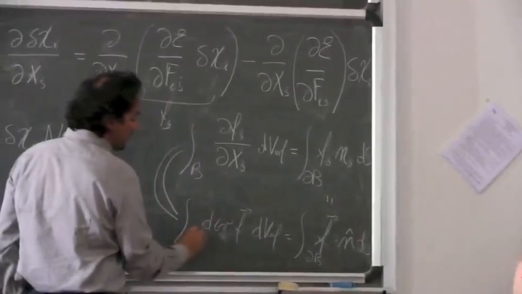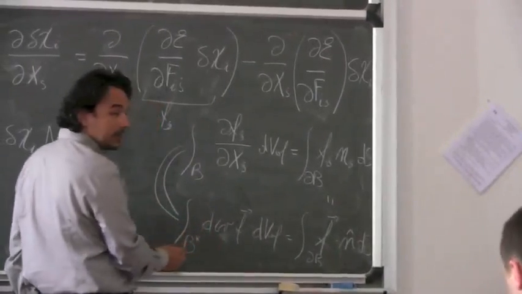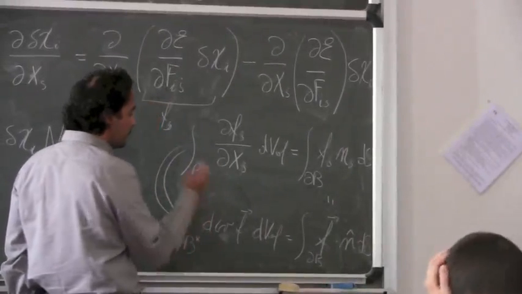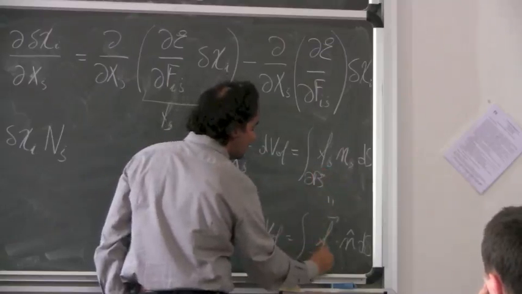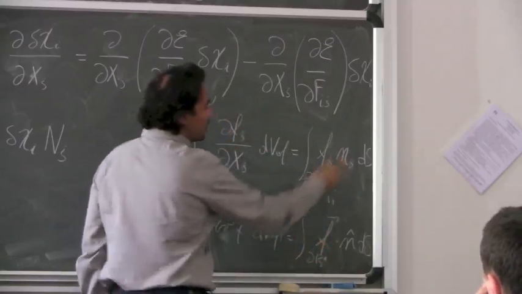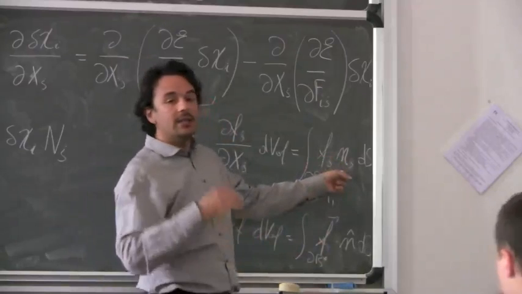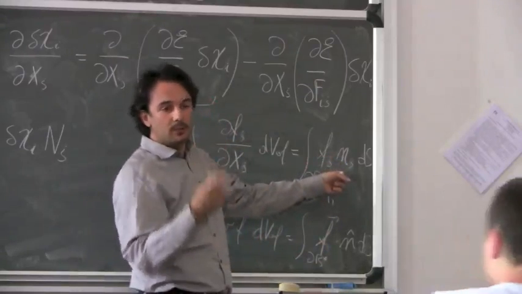Why? Because if I use here the reference configuration, which we must, generally the normal vector in the actual configuration is small n.